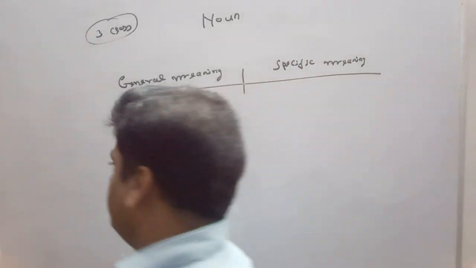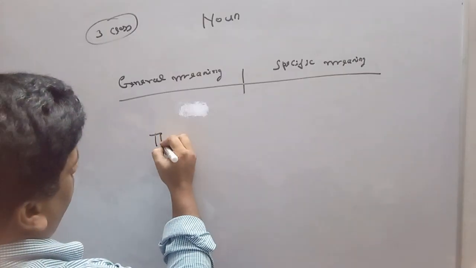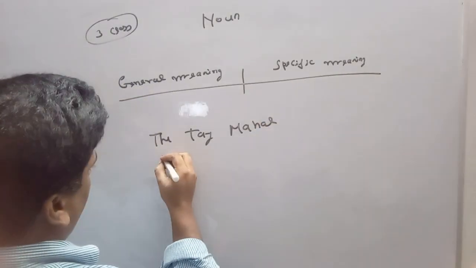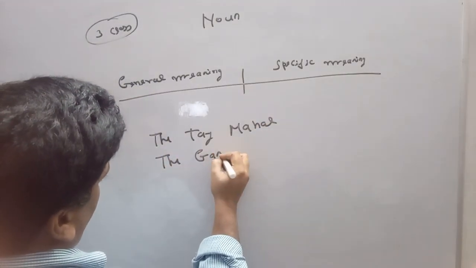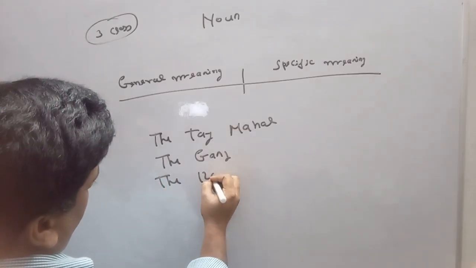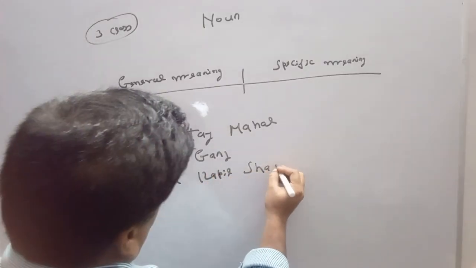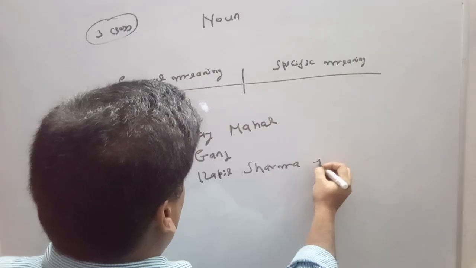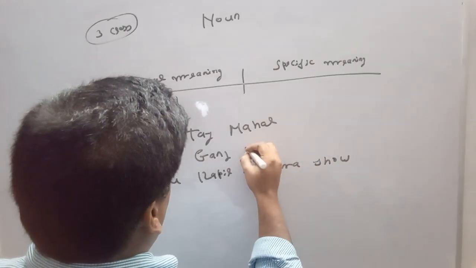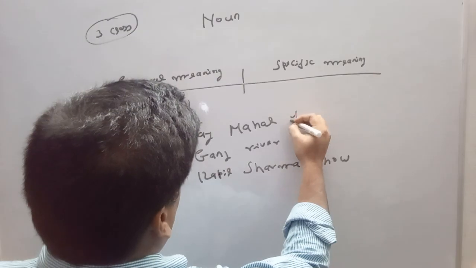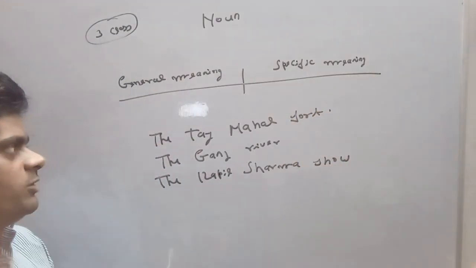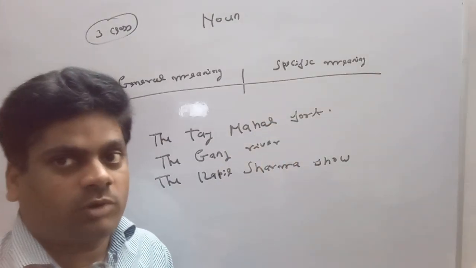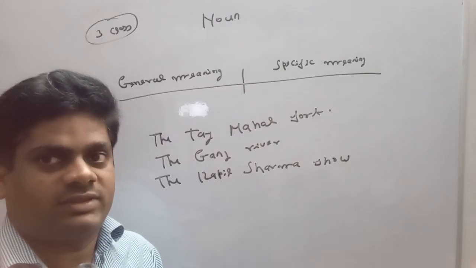For example, if I write, please remember Taj Mahal, Ganga, Kapil Sharma, these are the proper nouns, and proper nouns are not allowed to have any type of article with them.